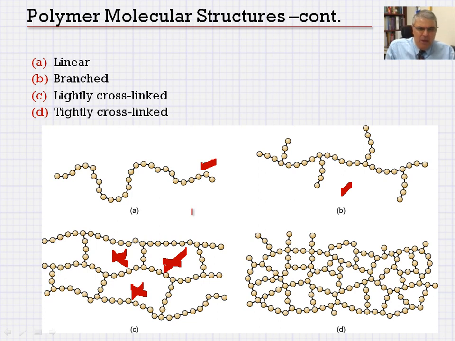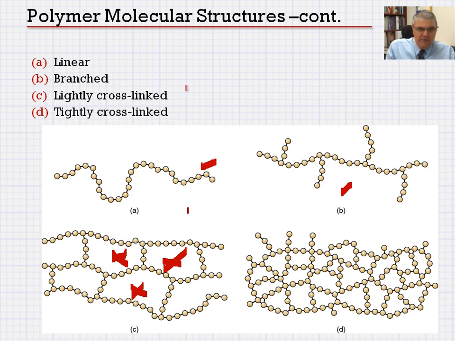So they're lightly cross-linked. And as the spacing between these molecules becomes smaller and smaller, then we would get into the category of tightly cross-linked, and of course that would also affect the properties. So they're pretty easy to see the way it's been shown here.